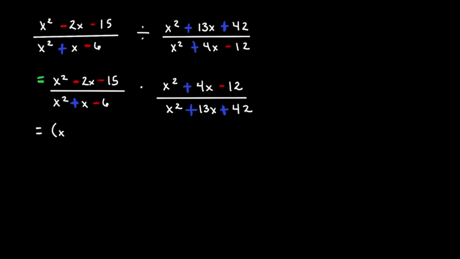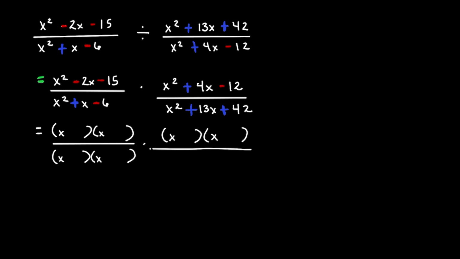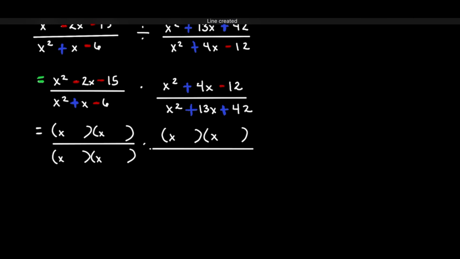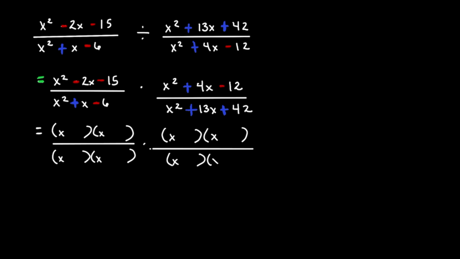Okay, and we're going to go through and factor each term as before. And go ahead and set up our parentheses. So on the upper left, our first expression, we're going to have plus and minus because it's minus and minus.